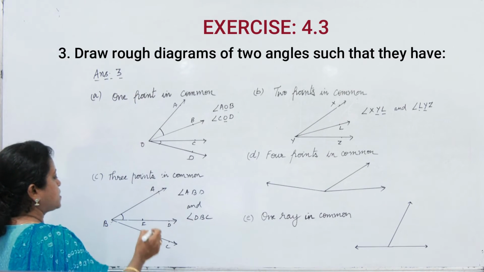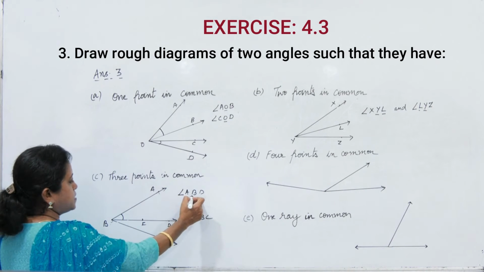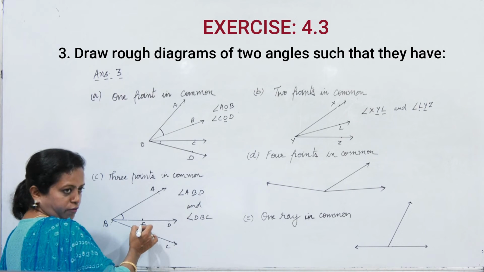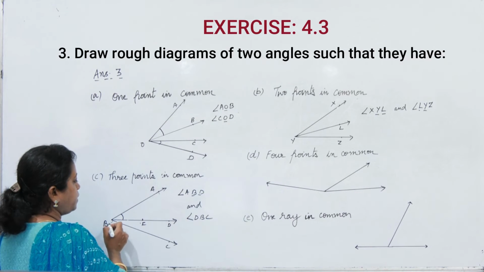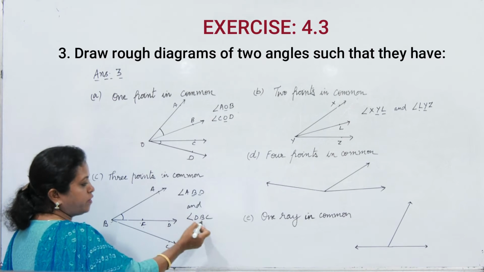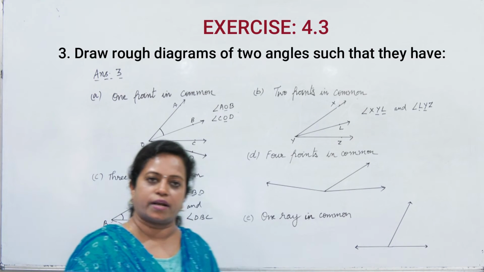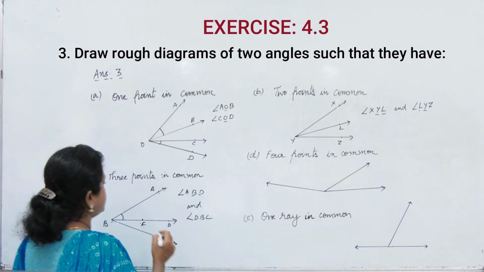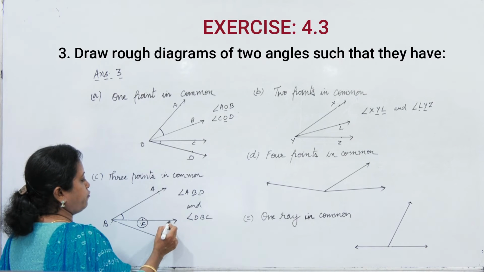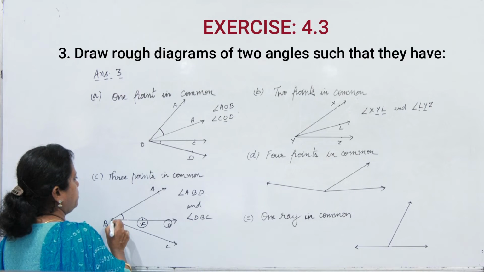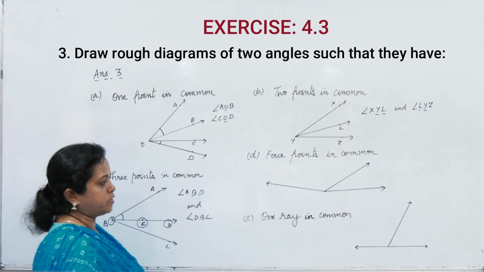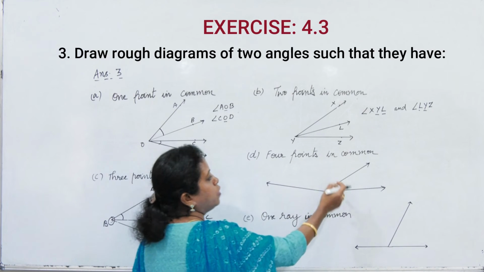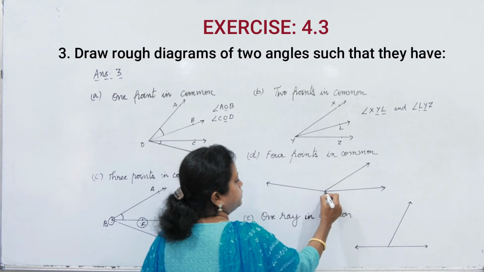In the first case, you have points that is B and D along with F, that is common, and in this case you have D and B and F. Though we don't write, we use only 3 letters to write an angle, but here you can see that these points F, D, B are common for both the angles, 3 points. So same thing you can do for 4 points in common.